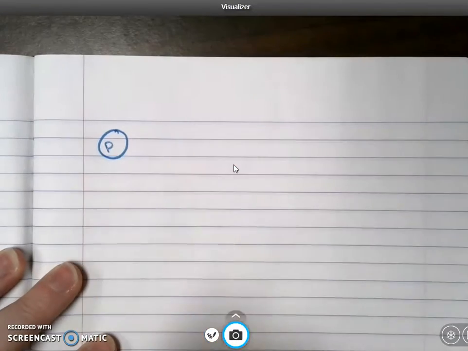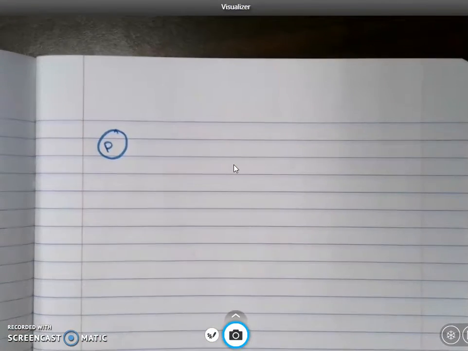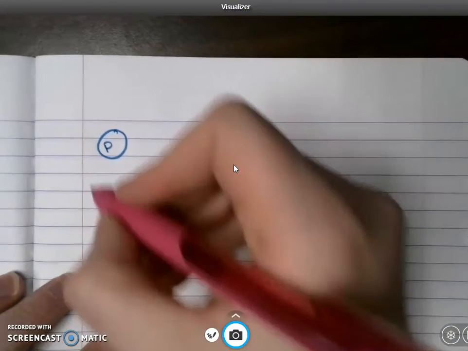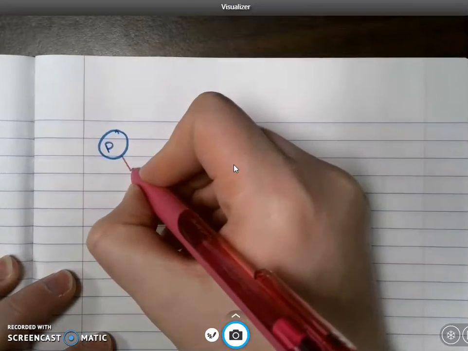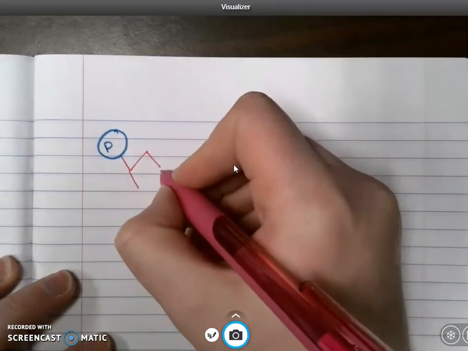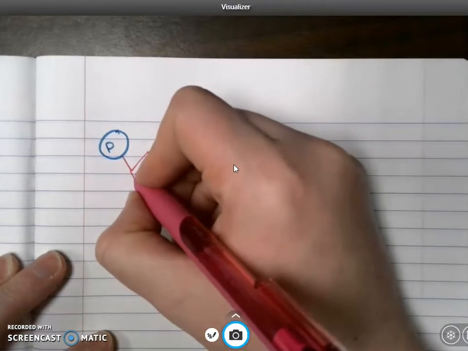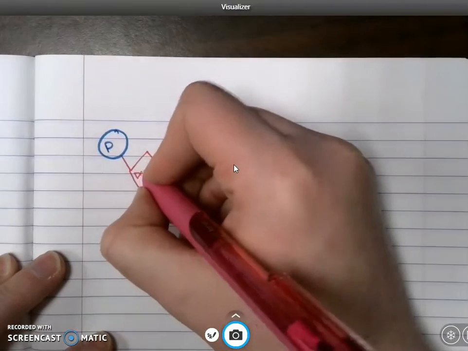I'm going to represent it with the letter P. The phosphate is bonded to our sugar molecule, our deoxyribose, and it is a pentagon that looks like this.